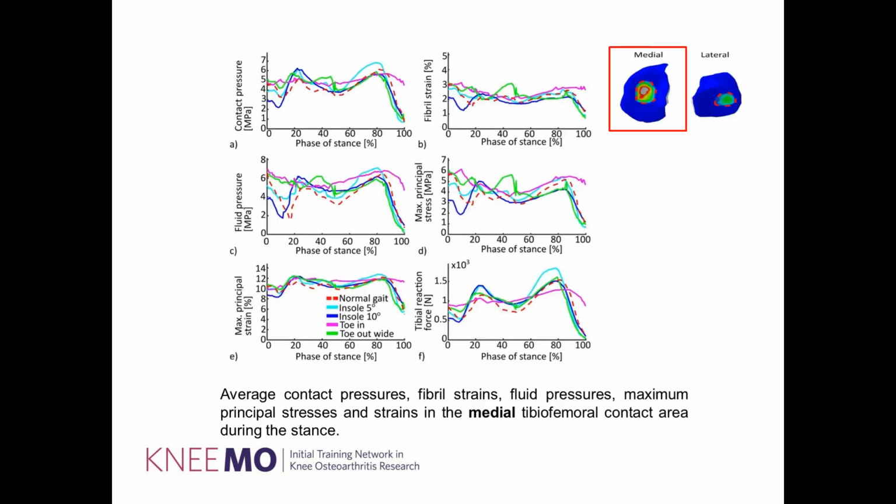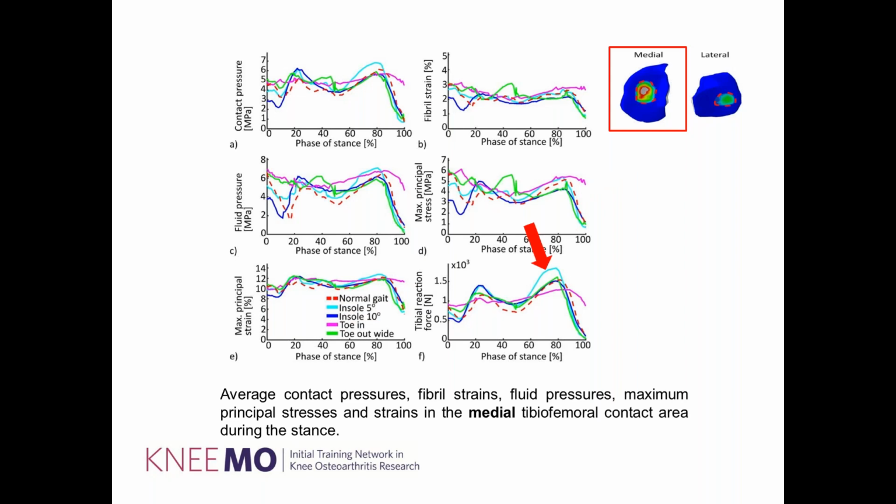But there's also something else going on, and I want to show you this. These are the average contact pressures, fibular strains, fluid pressures, and other variables during the stance phase, and we are looking at the medial side only at this point. If we take a look at, for example, the insole 5 degree one, we can see that the medial tibial reaction force is increased.